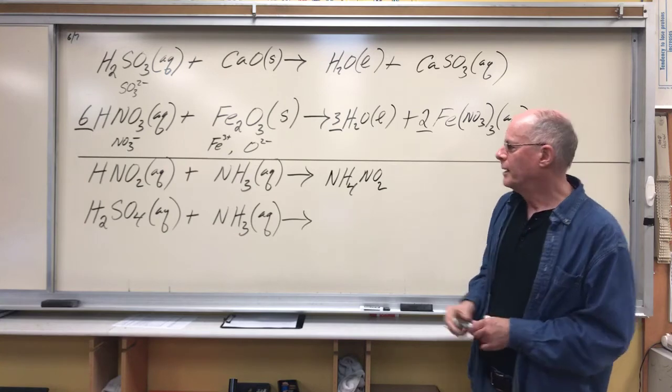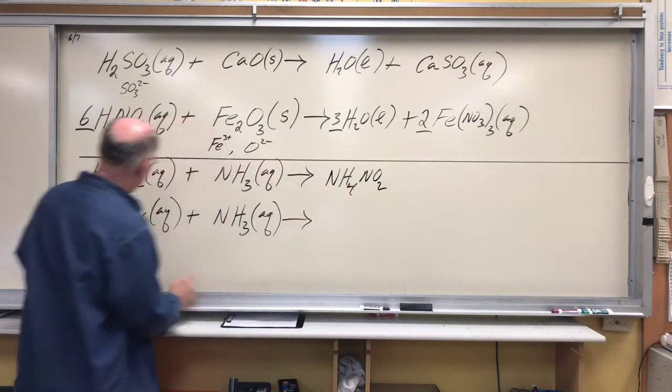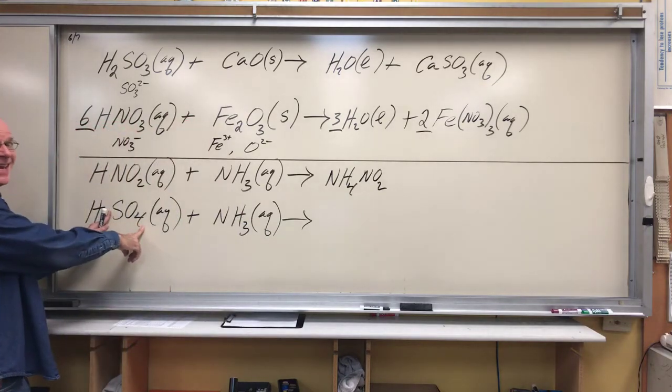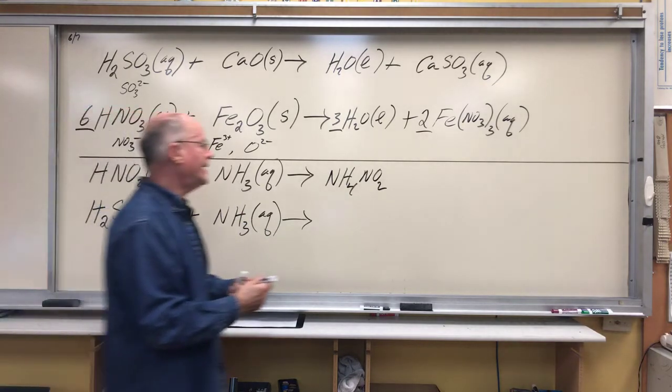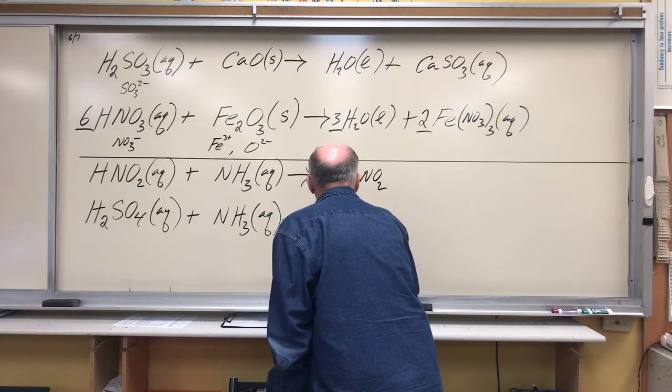But for the second one, ammonium is a positive 1 charge, but sulfate here is a negative 2 charge. So for it, I'll need 2 ammoniums.